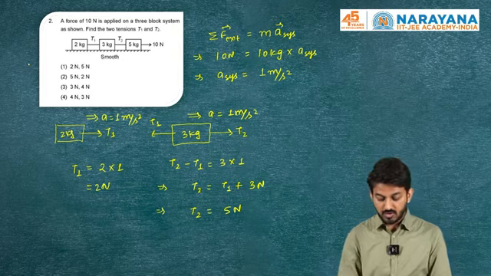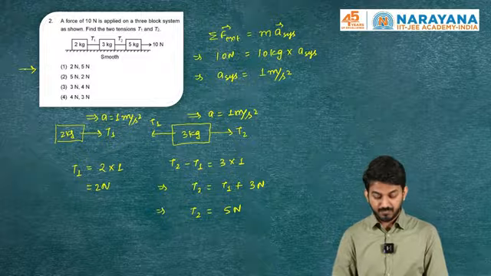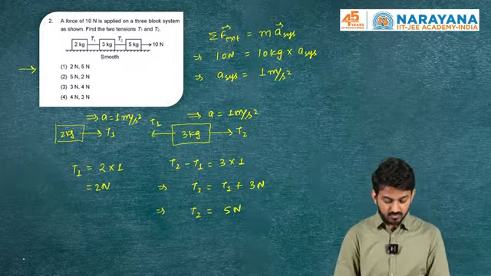So T1 is 2, T2 is 5. So giving us option 1 as our answer. Going for the next question.